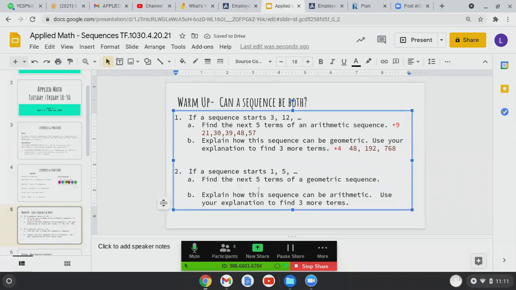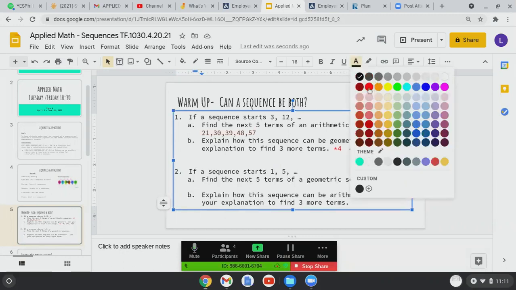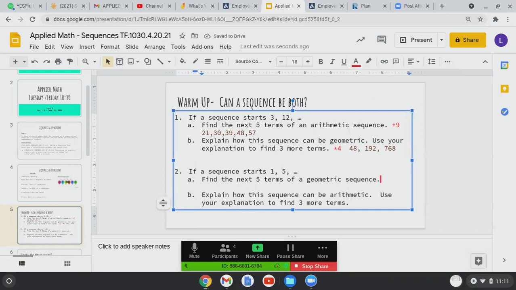So now look at the second one. Now, this is a geometric sequence. So what's your operation? And what would be the next 5? I multiply by 5.